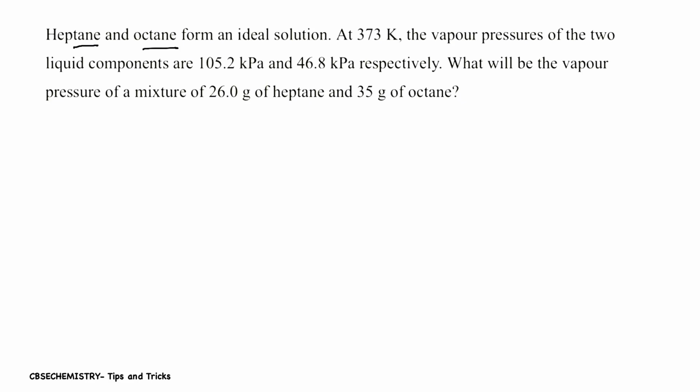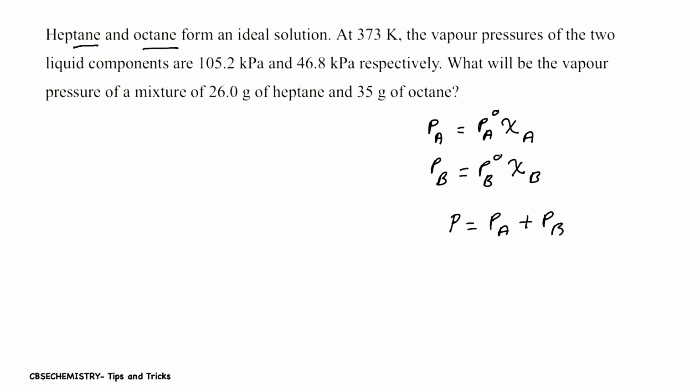So, what is the equation? See, the equation is Pa is equal to Pa standard chi A and Pb is equal to Pb standard chi B, and what is the total pressure? Pa plus Pb. For doing this question, you must know this equation.